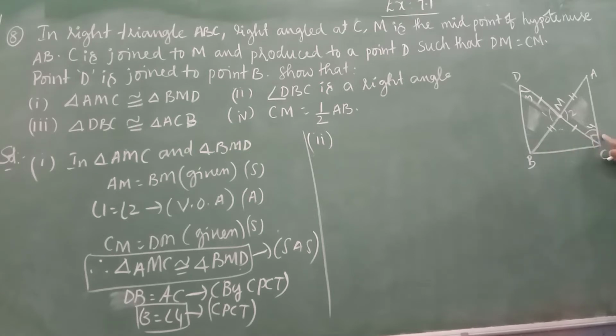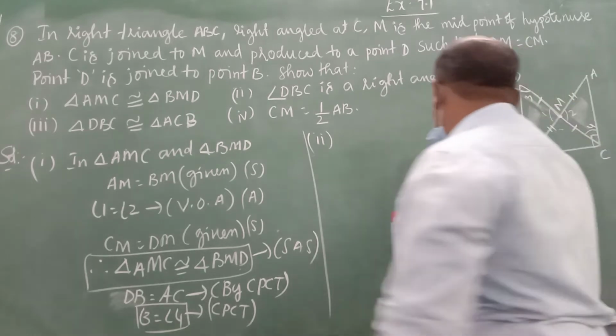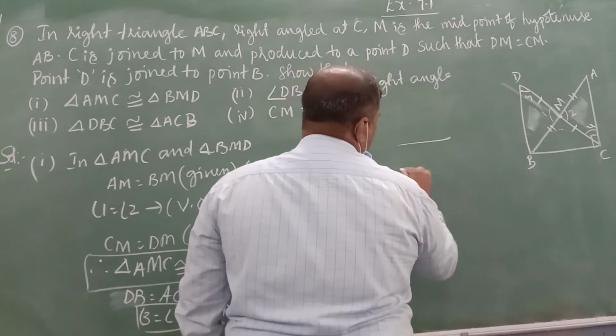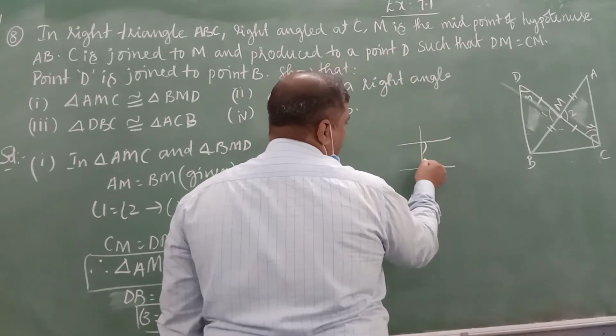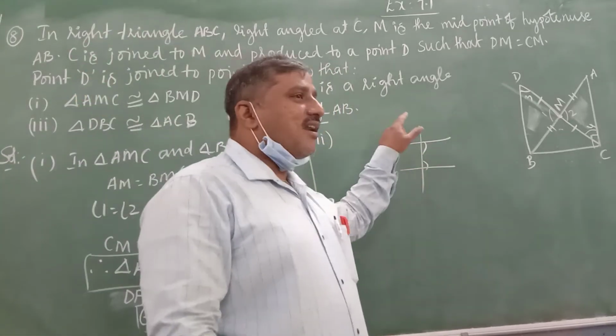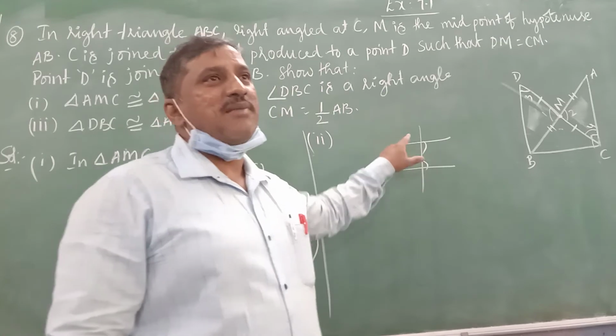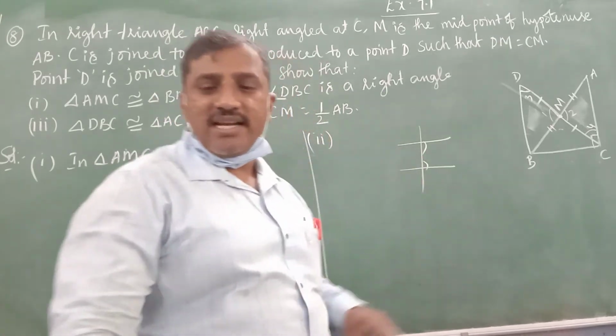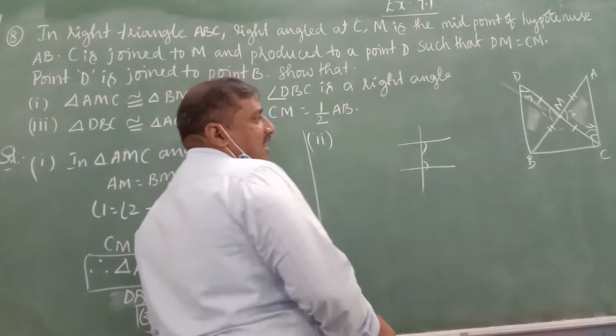Interior angles on the same side of the transversal. Co-interior angles. You have studied this. If these are the two parallel lines and this is the transversal, what do we call these angles? Co-interior angles, or interior angles on the same side of the transversal.